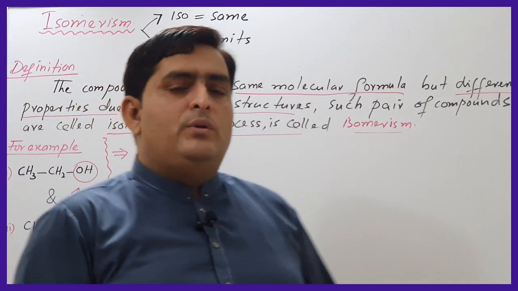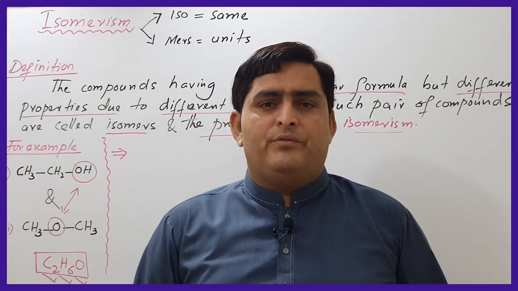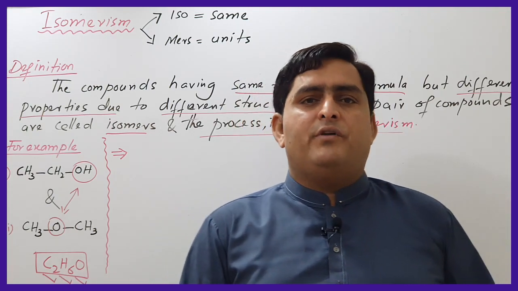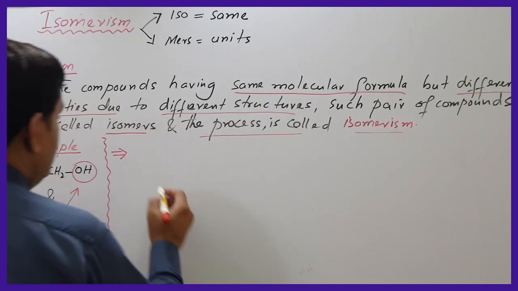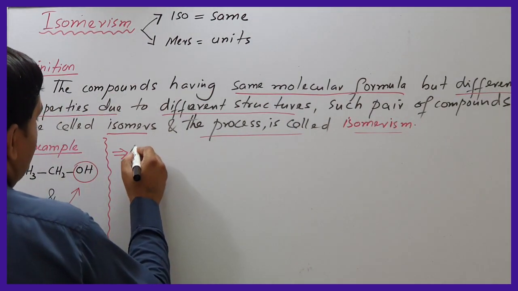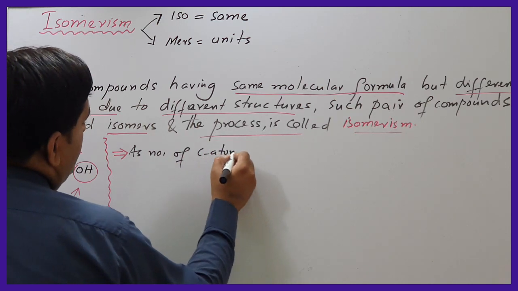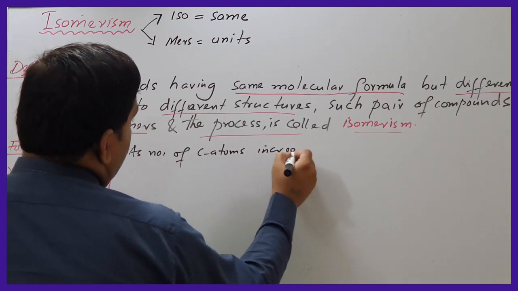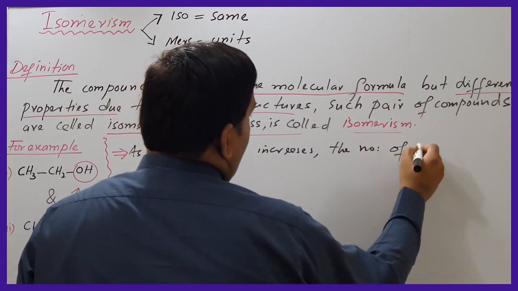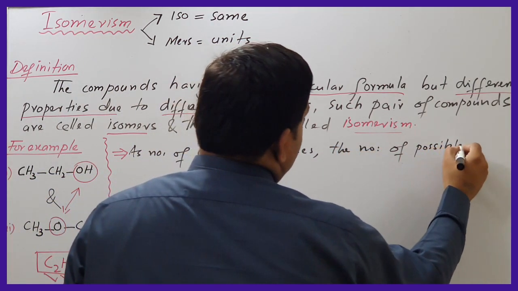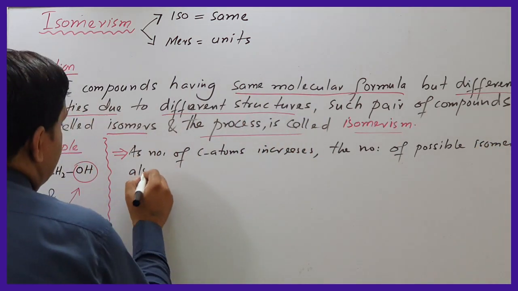Isomerism is not only possible but very common in organic compounds, and it depends upon the number of carbon atoms. As the number of carbon atoms increases, the number of possible isomers also increases.